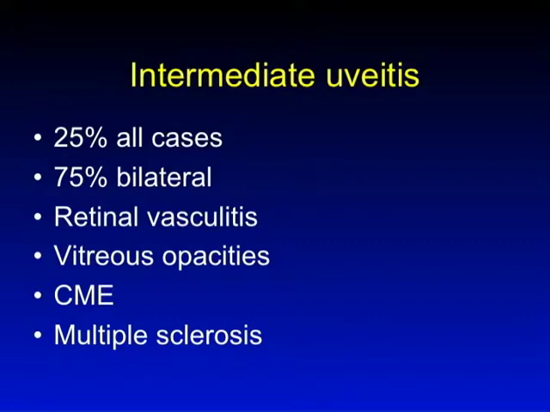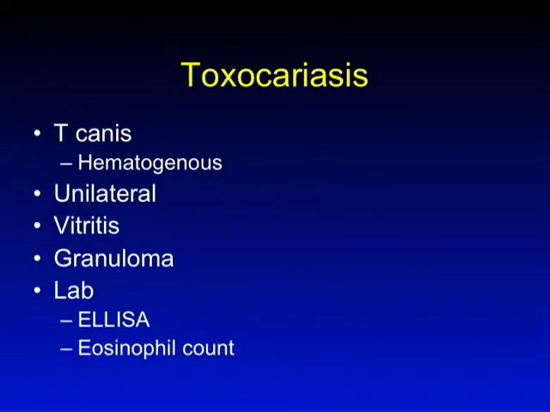In older kids, I think the most important diagnosis to rule out is multiple sclerosis. Adult, in this case, will be adult. Toxocariasis is an important cause of vitritis and endophthalmitis. You have a peripheral granuloma, and one of the most important differential diagnoses will be with PFV because of the retinal fold.